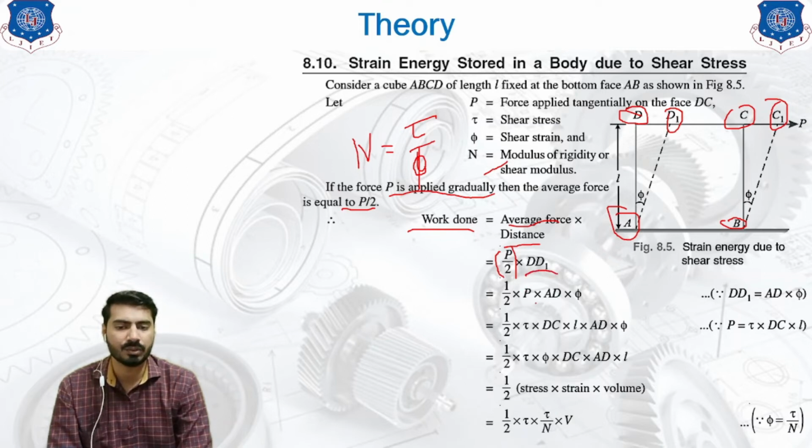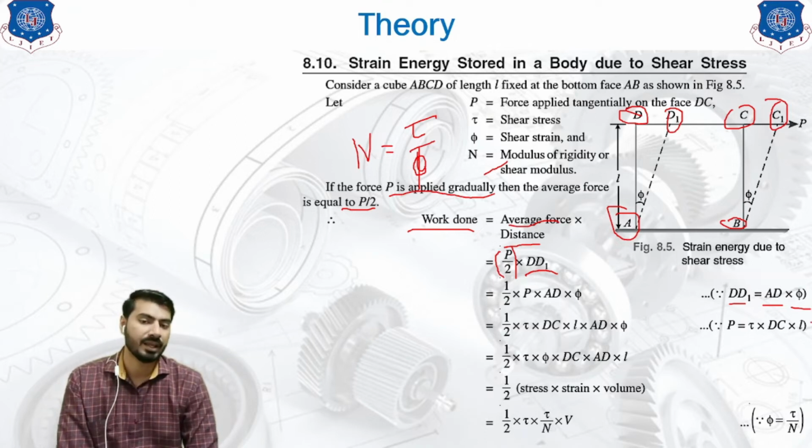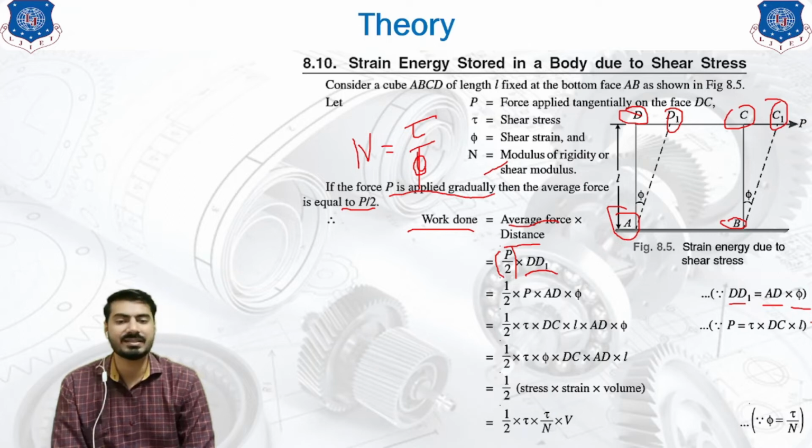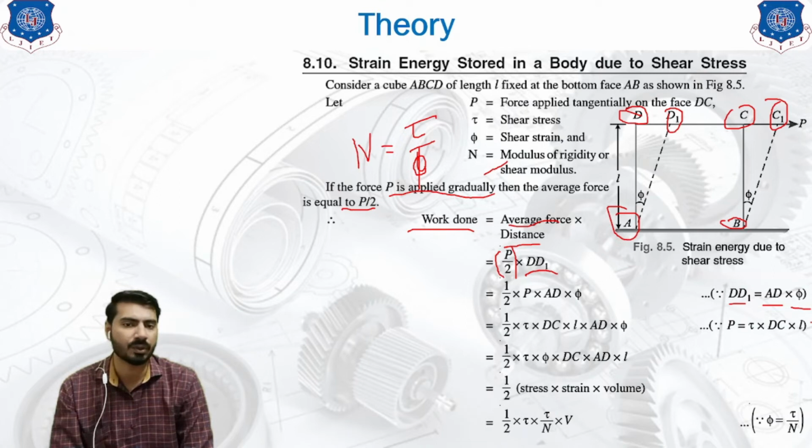So we have 1 by 2 into P as it is, and instead of DD1, we write AD into phi. This phi angle is very small. AD is the adjacent side and DD1 is the opposite side, and tan phi is the opposite upon adjacent.